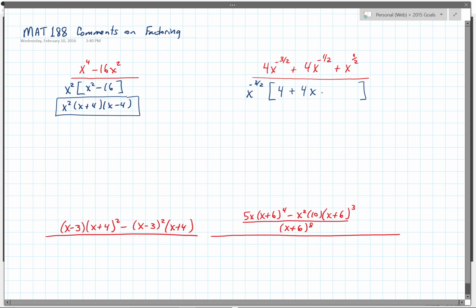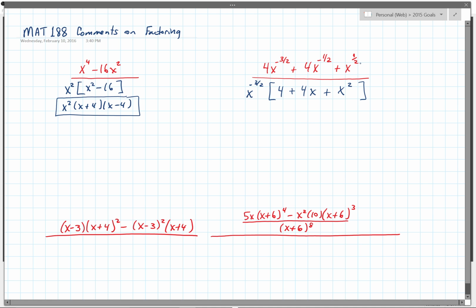Okay, and you end up with, again, 3 terms in the bracket. That's very important because you have 3 terms in your original expression that you're factoring. Let's rewrite inside the bracket in decreasing order. So I'll do x squared plus 4x plus 4.